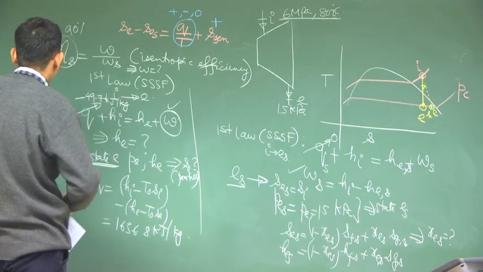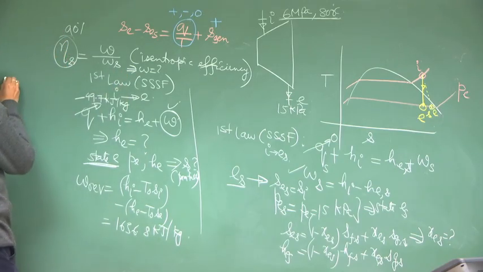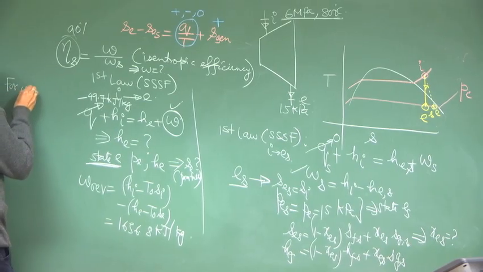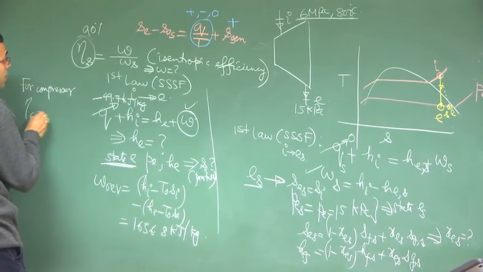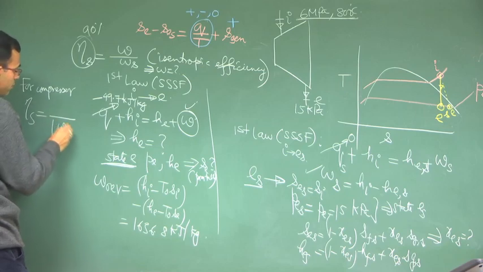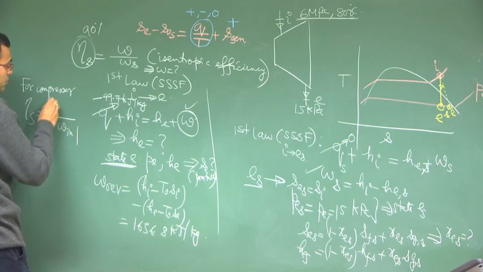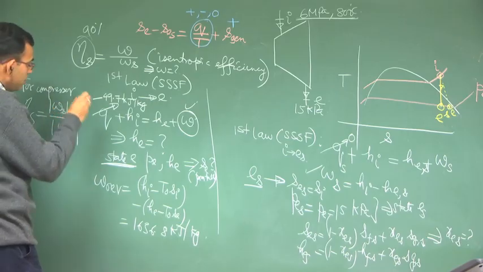So, for compressor, let me spell it out. Mod of work input by mod of reversible adiabatic work input.